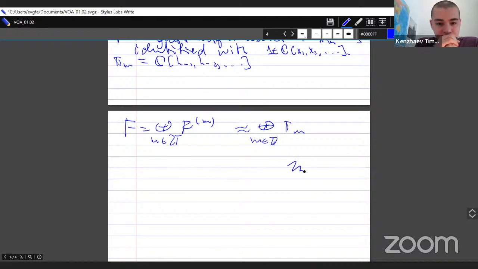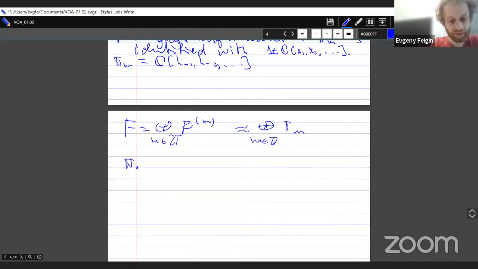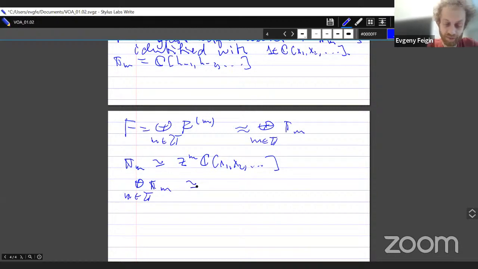Oh, okay. So we identify π_m with z^m ℂ[x1, x2, ...]. This is just to distinguish between different Fock modules. And then the direct sum of the π_m is identified with the polynomial ring in z^{±1} and the x_i.